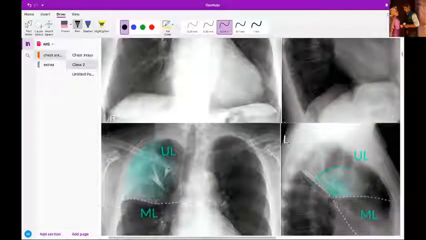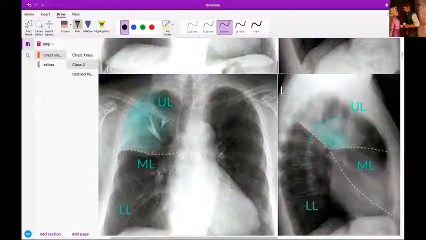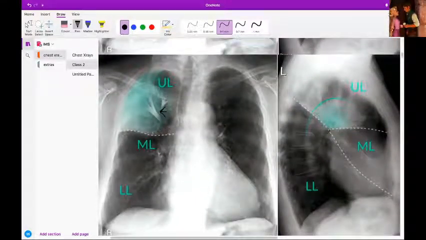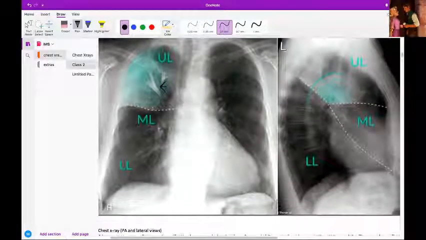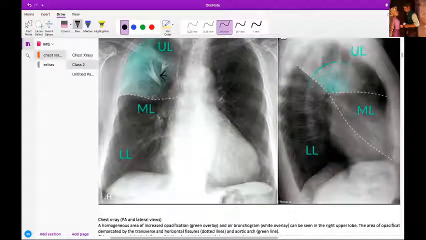Here, these are the air bronchograms. It's right upper lobe pneumonia, very well limited to the upper lobe and defined by the fissures. This is the horizontal fissure, this is the oblique fissure, and this is the aortic arch. So it's limited between these three things.